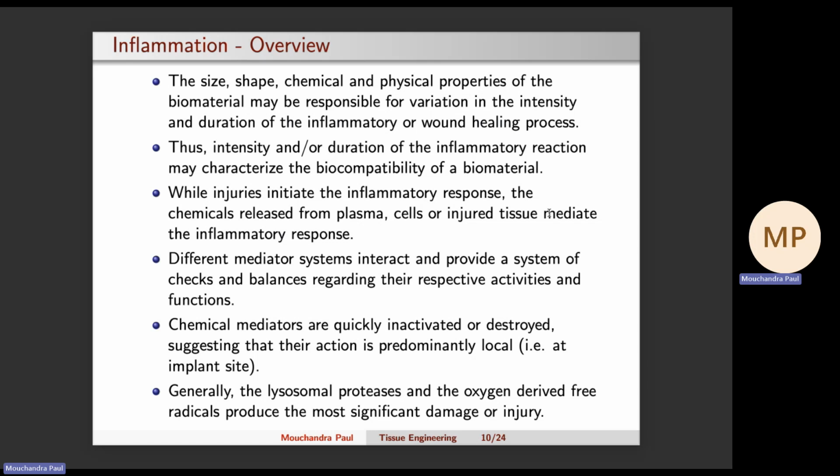So this mediation is happening through the cells interacting in the provisional matrix. Different mediator systems will interact, and they will provide a series of checks and balances so that none of the activities gets out of control. Everything is in regulation.